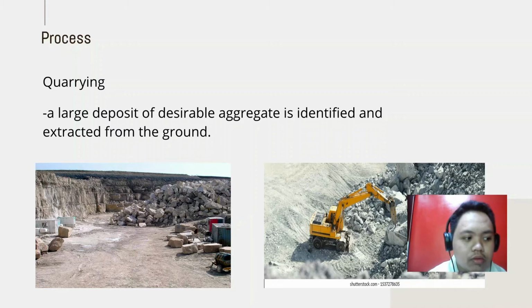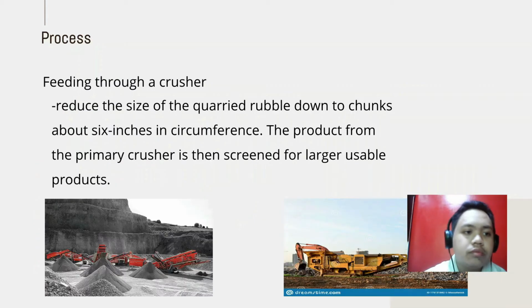So paano natin kinukuha sa ocean? Later on, mag-discuss tayo kung paano ba tayo kumukuha ng aggregates on ocean floor, and kung paano naman on mountains or mountain sides or other quarrying locations.